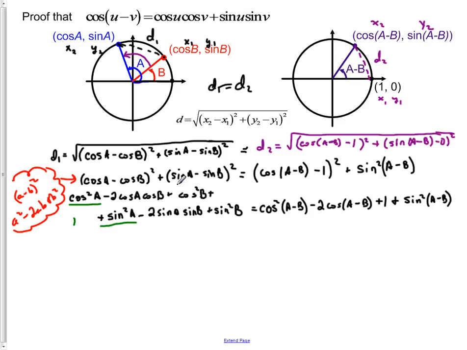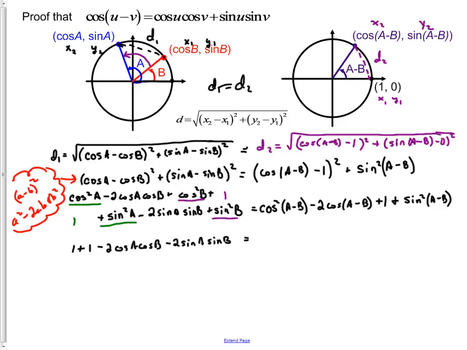And let's see, what else do we have? Well, we have a cosine squared B and a sine squared B here, so that's another 1. So it looks like on our left-hand side, we're going to have 1 plus 1 minus 2 cosine A cosine B minus 2 sine A sine B.